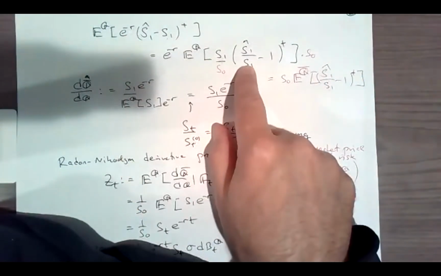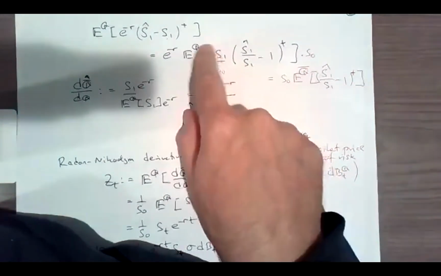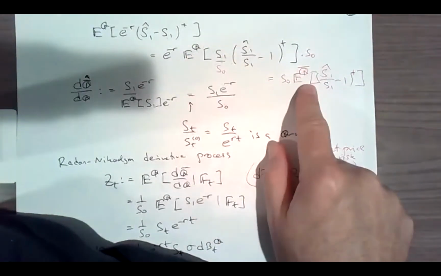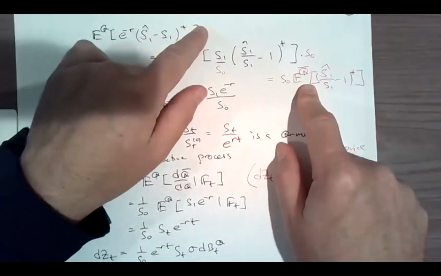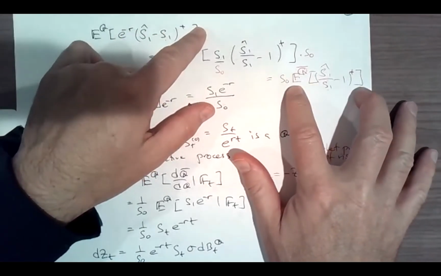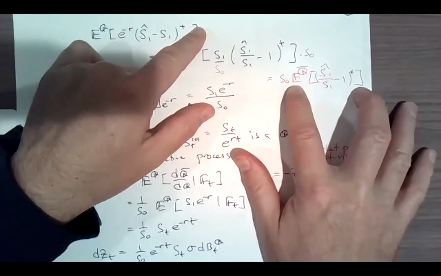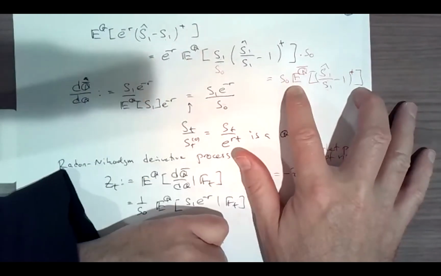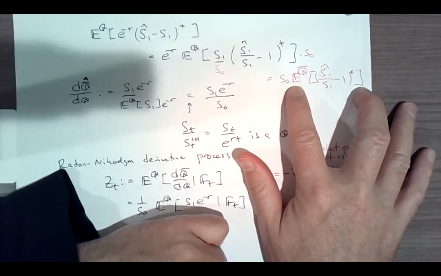Okay, so then you have to divide by it here. And then you absorb it into a change of measure. So the expectation you need to calculate can be written as this. Okay, so we do that to get an S1 in the expectation, and then we do some other thing so we get S1 over S0.